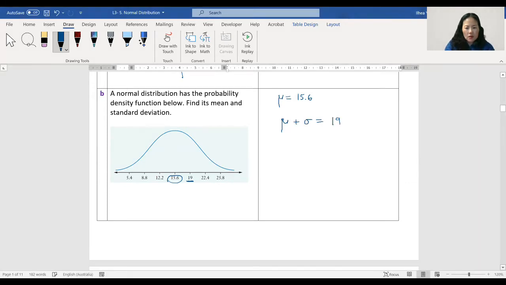We know mu is 15.6, so sigma equals 19 take away 15.6, which equals 3.4. Therefore my mean is 15.6, and my standard deviation sigma is 3.4.